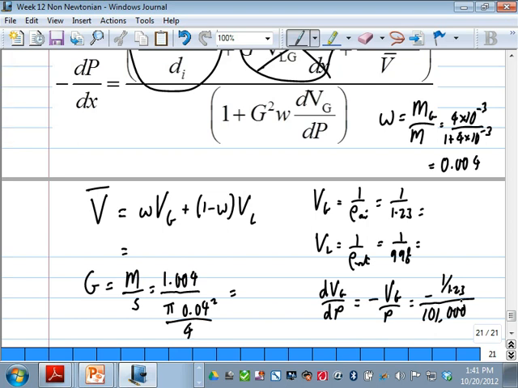So with that we have all the numbers. The only one we don't have is that one, so we'll do that after you finish this part.